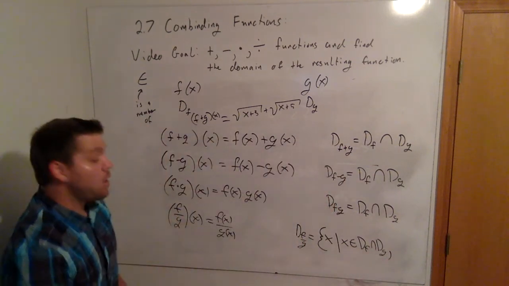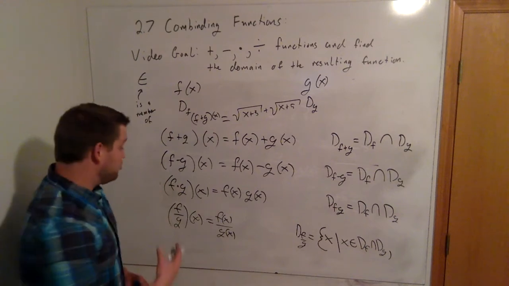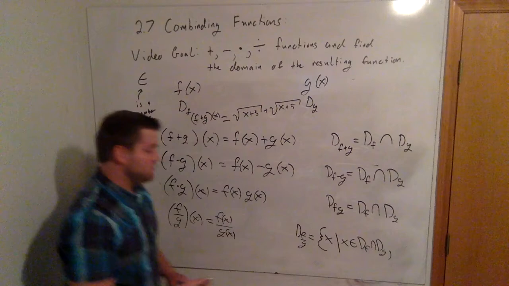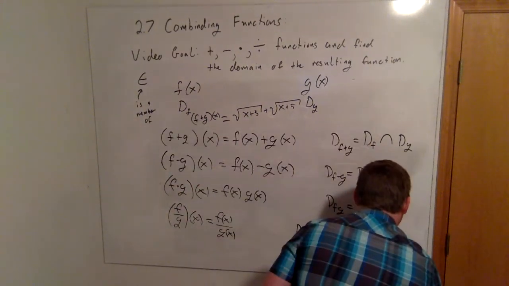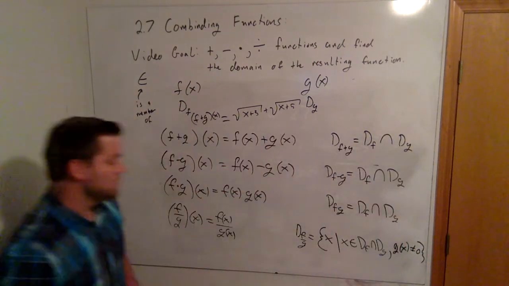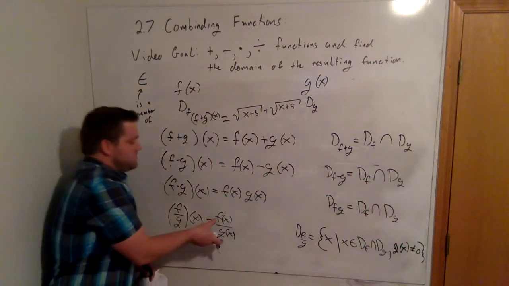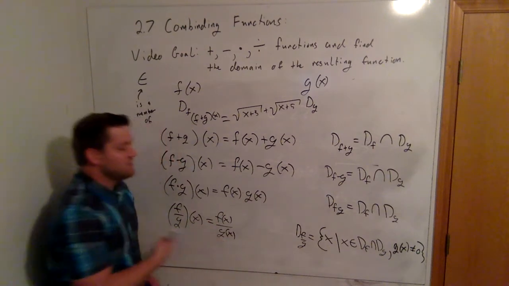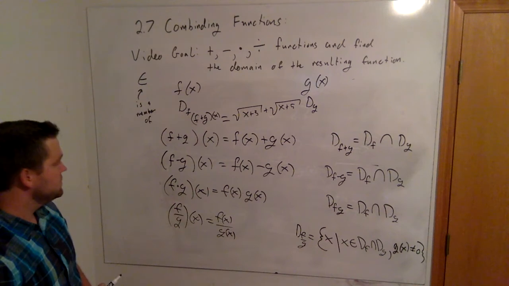It's everything in there, but I also need to exclude values that make g of x 0, and all values of x such that g of x is non-zero. Everything that's in both sets, but I also have to exclude values that make the denominator 0 because I cannot divide by 0.